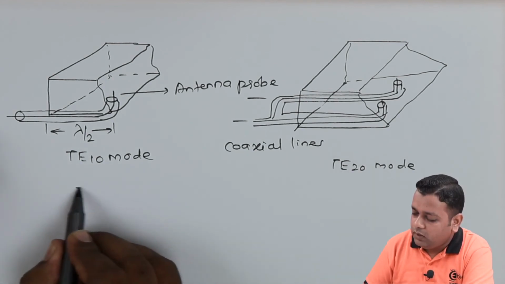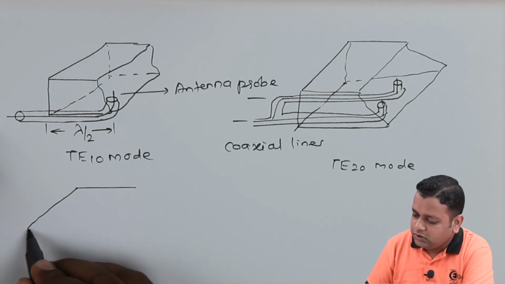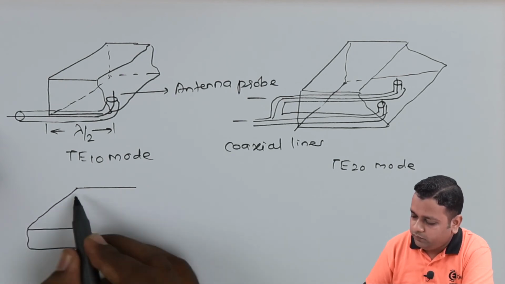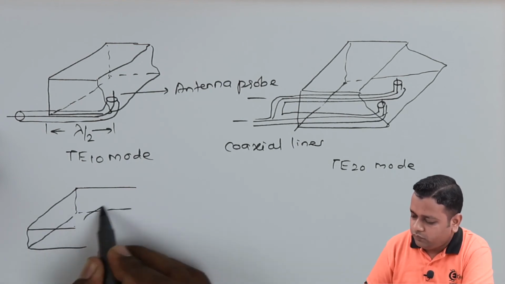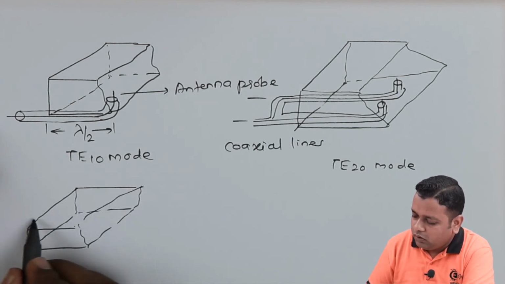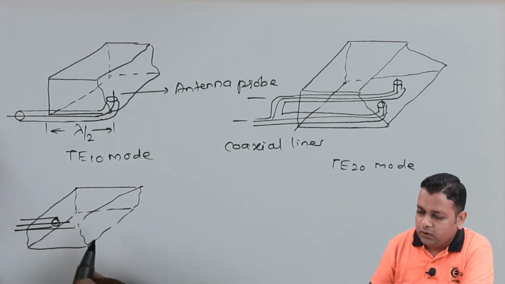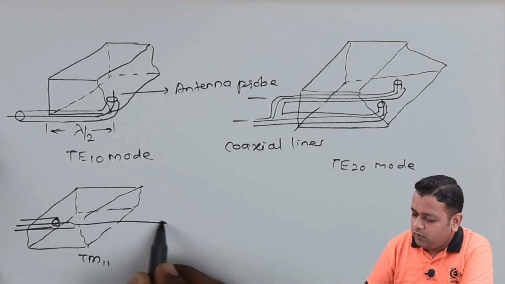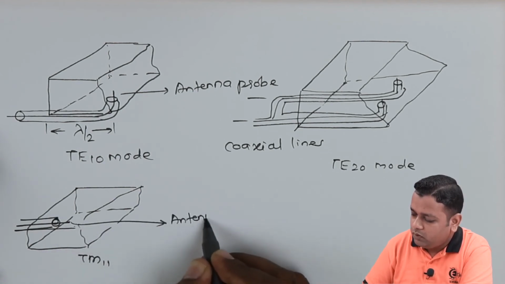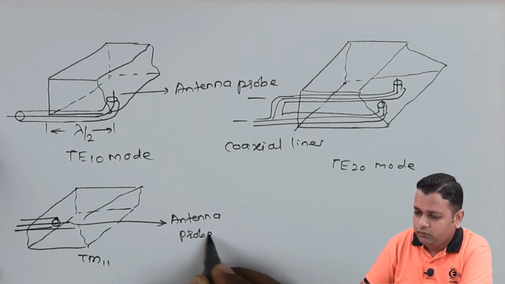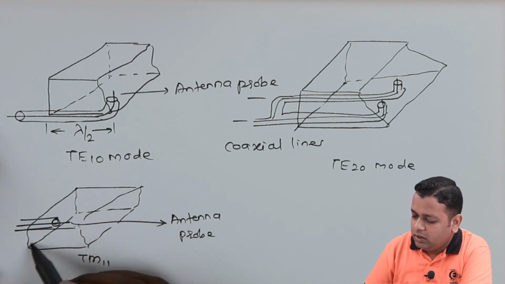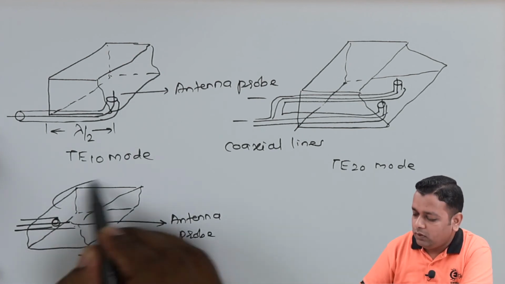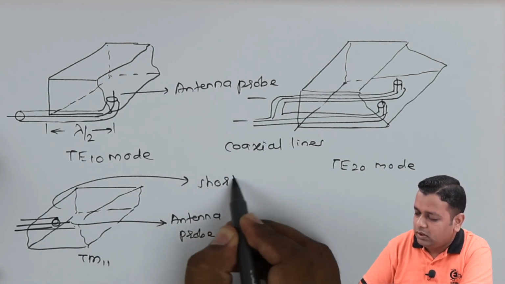On the other hand, if we have the cross section of the rectangular waveguide shown like this, from this wall also we can have the insertion of the probe inside. For example, when we are working with the transverse magnetic mode TM11, the antenna probe may be helpful to have excitation. In this case, this end or the opening of the rectangular waveguide is short circuited.